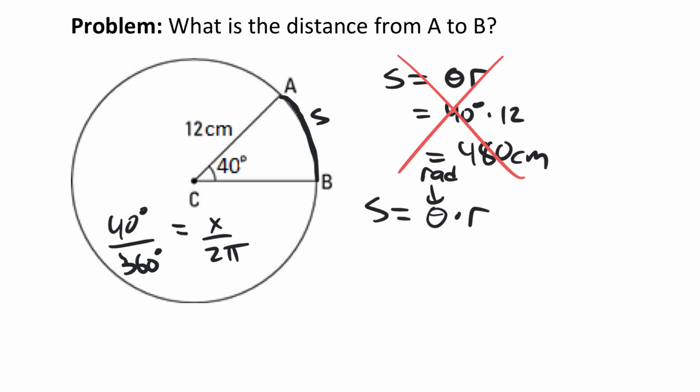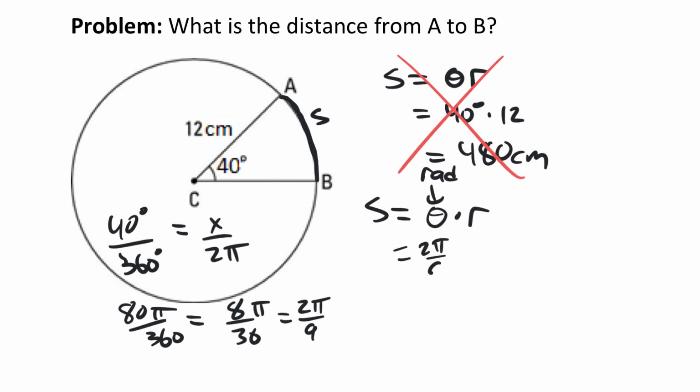And so we can solve then to get 80 pi over 360, which is 8 over 36 pi, which will be 2 over 9 pi. So this number here, 2 pi over 9, is the theta that we want to use because we want to use a radian theta, not a degree theta.